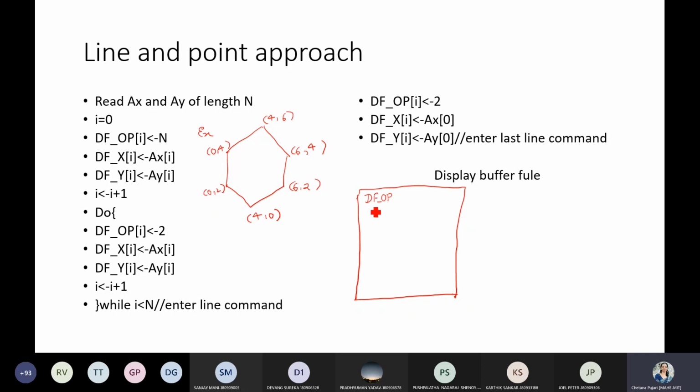DFOP is nothing but the display buffer file opcode, a file consisting of instructions, and what instructions it consists of. And then the display buffer file consists of the value of your x coordinate and the value of your y coordinate.